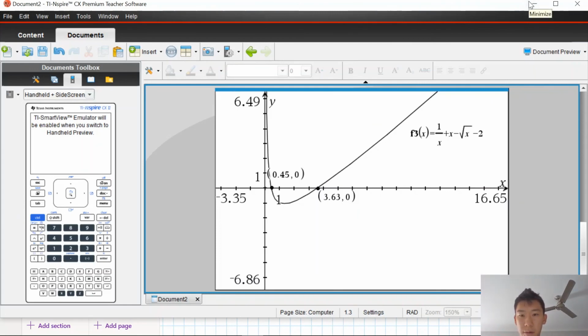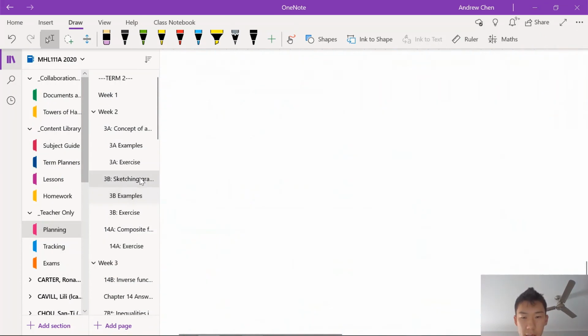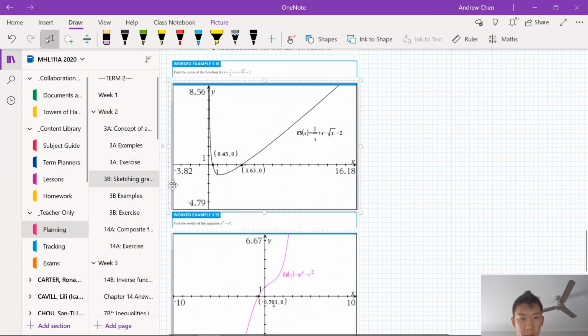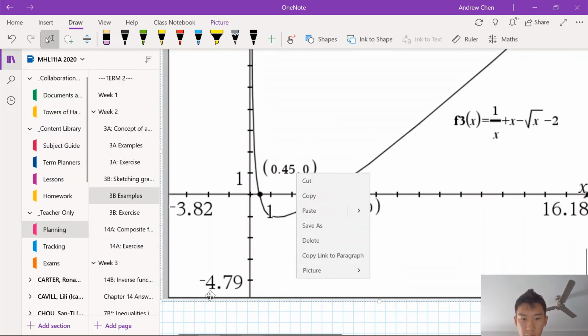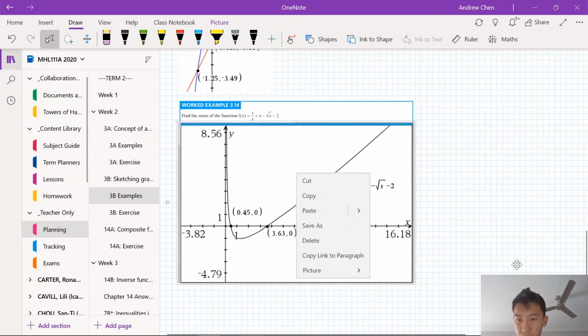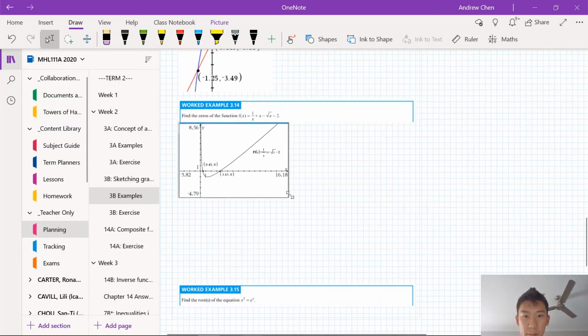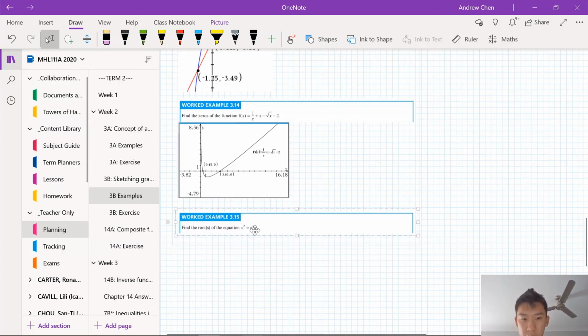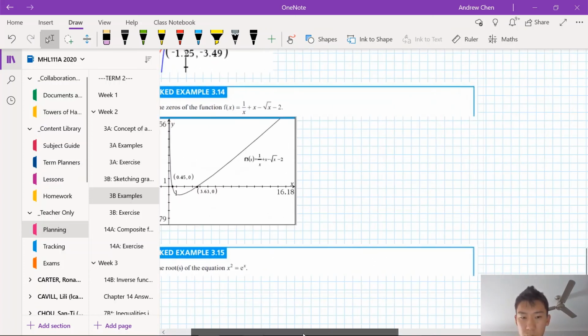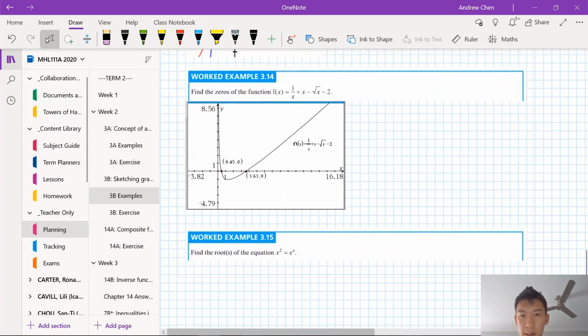Okay, I have got this somewhere already. Yep. Save me the clipping. Whoop, it's a big diagram. Alright, and then you just write out your points. Alright, but that's essentially 3.14 done.